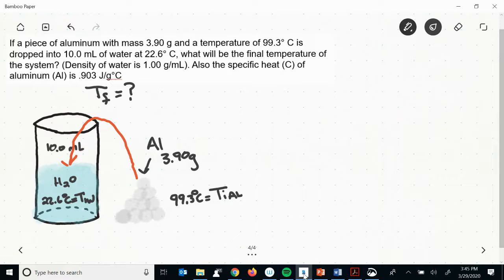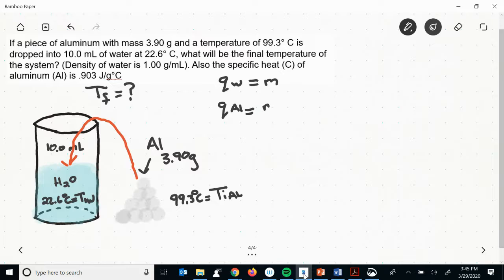So this is a complex problem. We can set it up as essentially two separate problems at first. One where we look at heat that the water gains, and two where we look at the heat that the aluminum loses. Okay, so for each one of these, we need a mass.